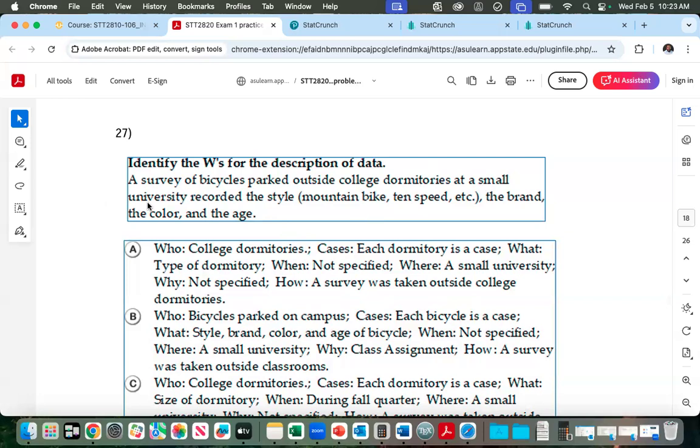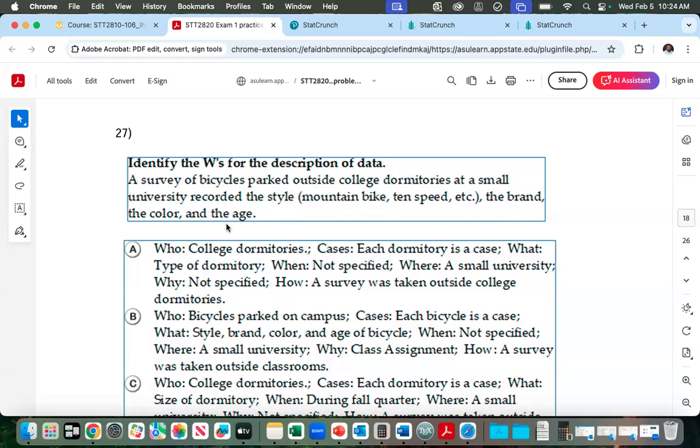Can you all see that? The next thing you want to answer is what was recorded. You can see the style, the brand, the color, and then the age. Those are the variables. Does that make sense? So we've been able to answer where and then what.